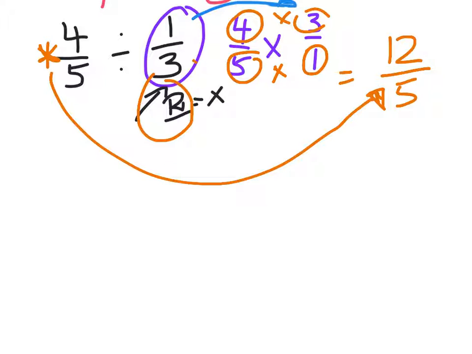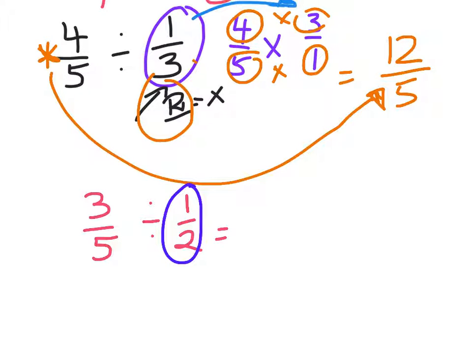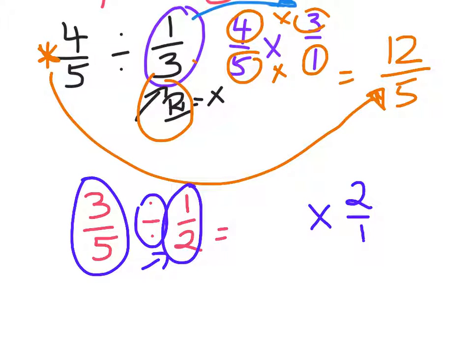Okay, so let's have another go at another fraction. This time let's do 3 over 5 divided by 1 over 2. Once again, like before, we're going to give the reciprocal of this number. So that'll be 2 over 1. Once we do this, we want to change the division to a multiplication, and you must leave the first fraction the same though.